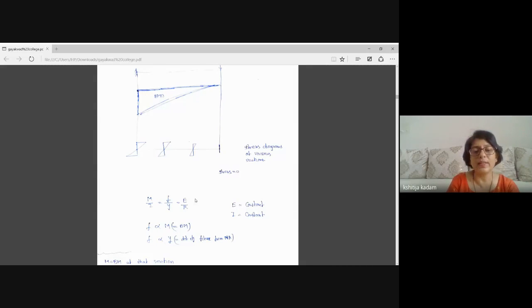So what are the other things remaining? Stress is proportional to M, which is bending moment. And second thing, stress is proportional to Y, which is the distance of the required fiber from the neutral axis. So in this sketch you see, at the free end the bending moment is 0.